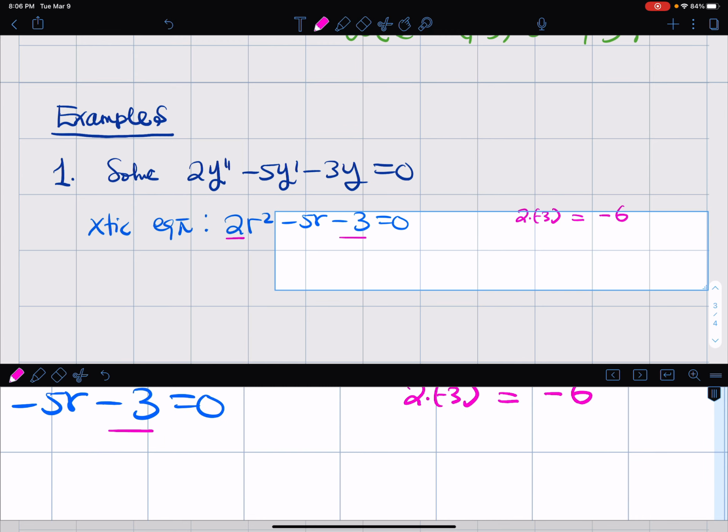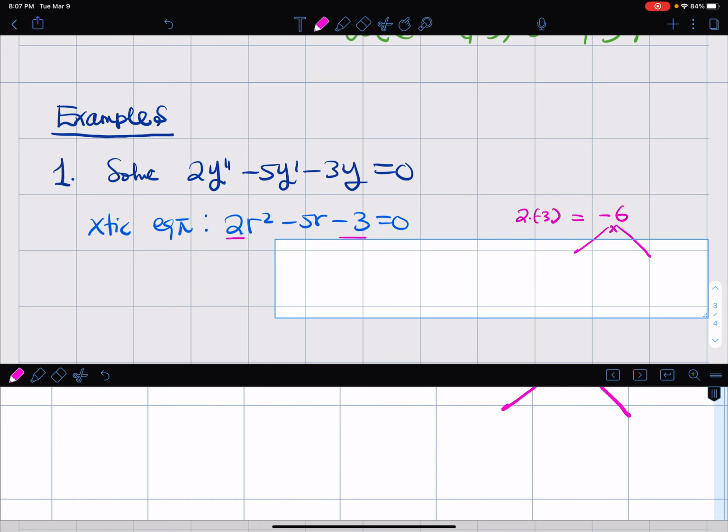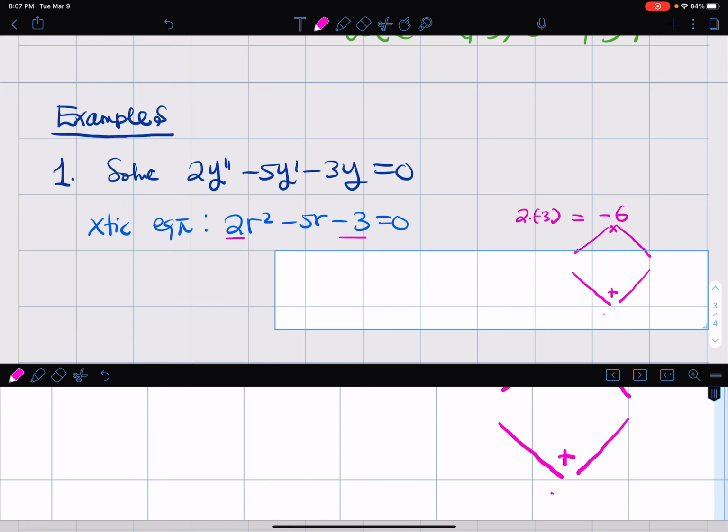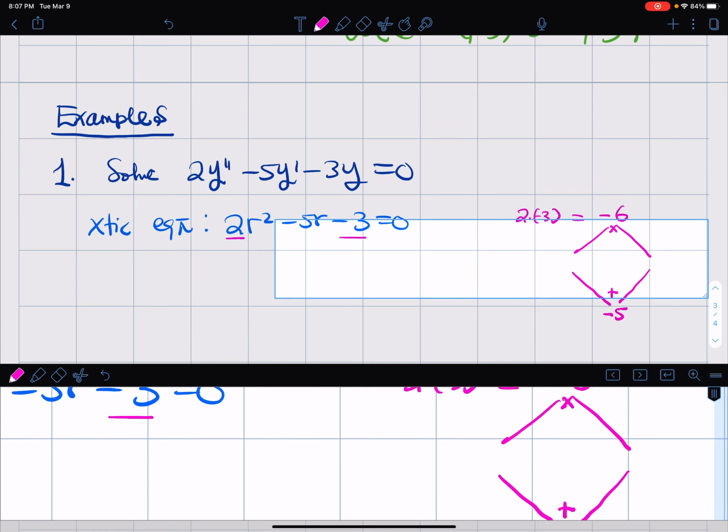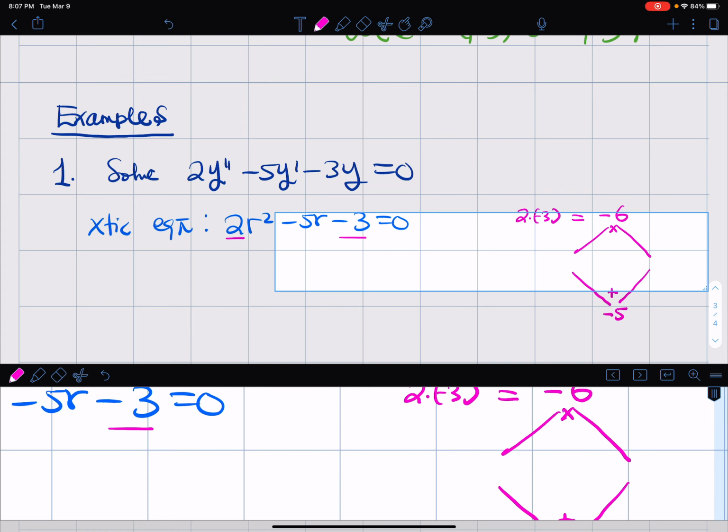I want to find two numbers that when I multiply them together, I get negative 6, but when I add them together, I get negative 5. What numbers are those?